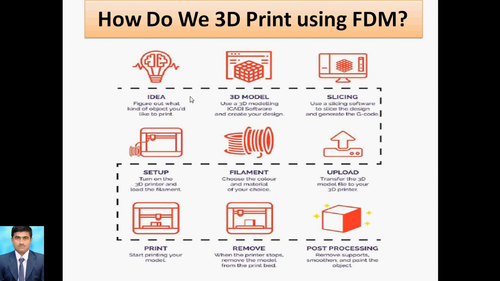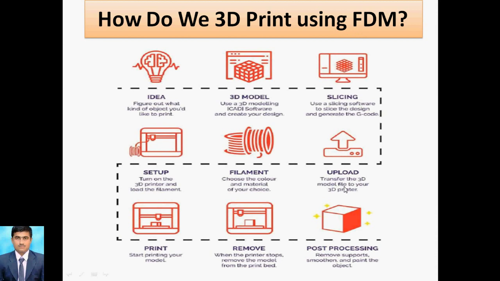After that, we have to feed it into the machine, and then we turn on the 3D printer and load the filament, and after that we can choose the material. According to that, the material will be melted in this nozzle, or extruder, and then it forms the new shape, which is called FDM technology.